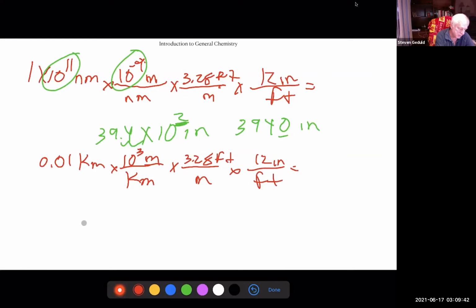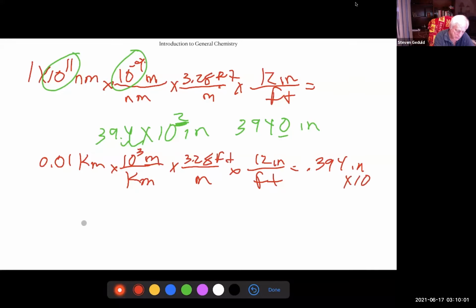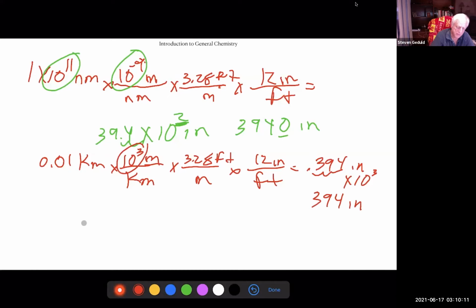That gives you 0.01 times 3.28 times 12 equals 0.394 inches times 10 to the, we have that left over, to the 3rd. So move that decimal place 3 places, you come to 394 inches.